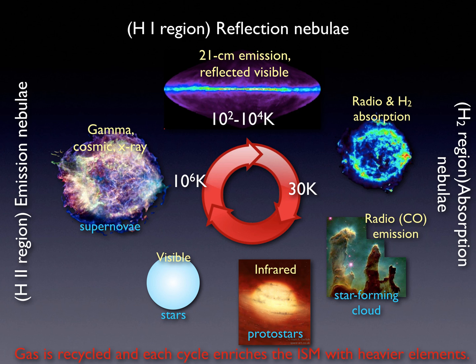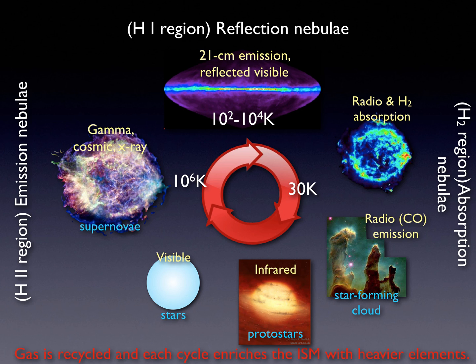Stars emit very strongly in the visible part of the spectrum and can thus be easily observed using optical telescopes. Large stars die explosively, heating up their environments and giving off gamma rays and X-rays. Emission nebulae are associated with these events. As the gas cools, ionized hydrogen becomes atomic hydrogen, which is associated with reflection nebulae and 21 cm radiation.